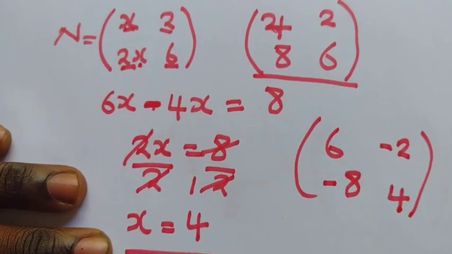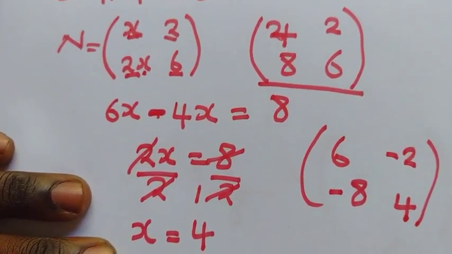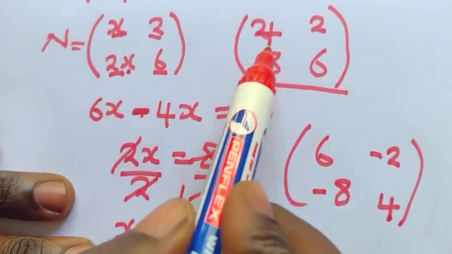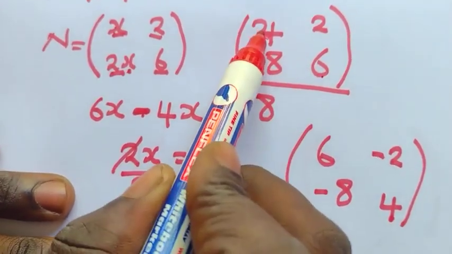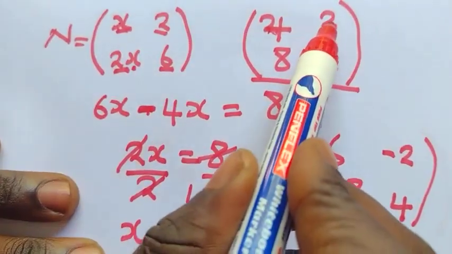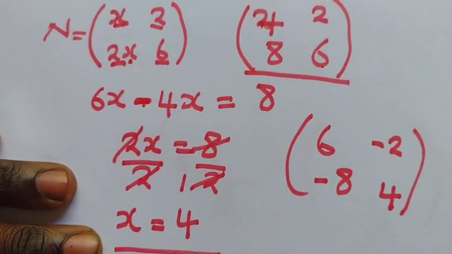So I'll repeat, the adjoint of the matrix is found by swapping the major diagonal elements. In this case, our major diagonal elements are 4 and 6. They will interchange. 6 will go where 4 is and 4 will come where 6 is, like this. Then what happens to the minor diagonal elements? You are supposed to add a negative sign.